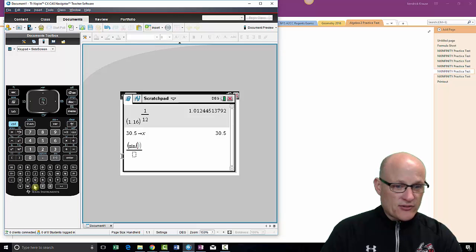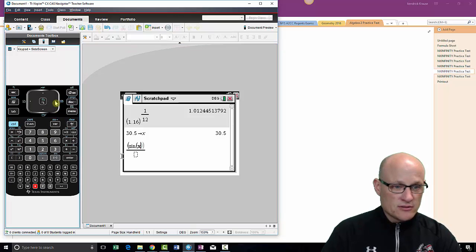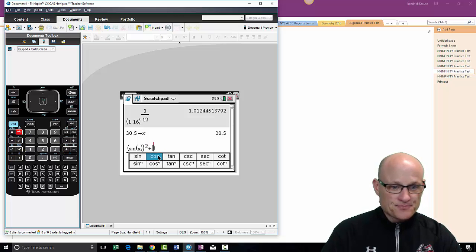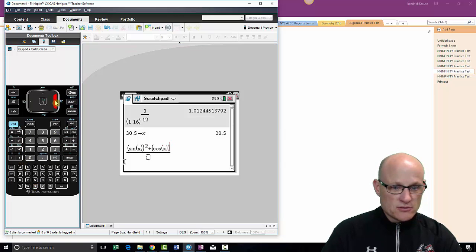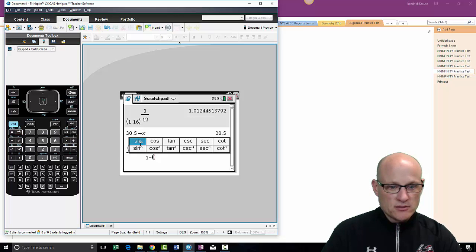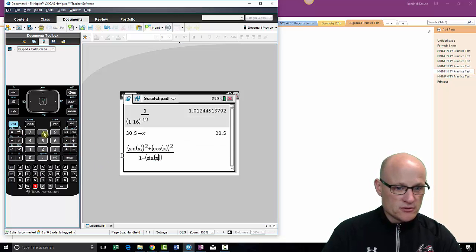Sine of x squared plus cosine of x squared all over 1 minus sine of x squared.